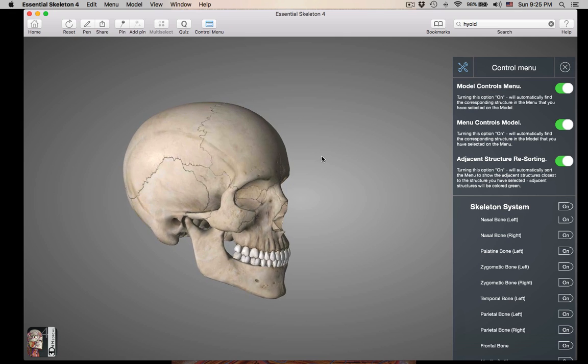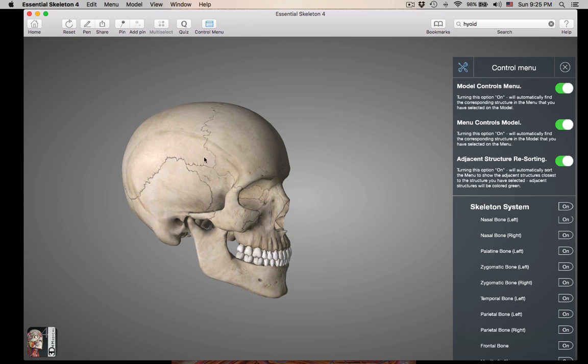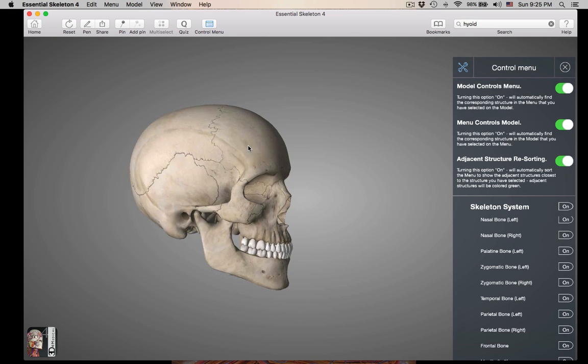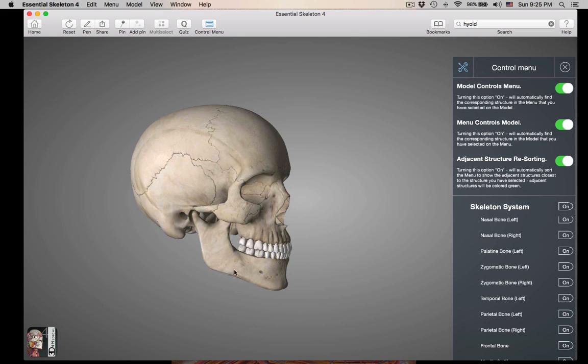A lot of detail in those sutures. So all these individual bones are held together by sutures. The only bone in the skull that is movable is the mandible. When you're talking, it's going up and down. When you're eating, this is a movable joint. Everything else is immovable.